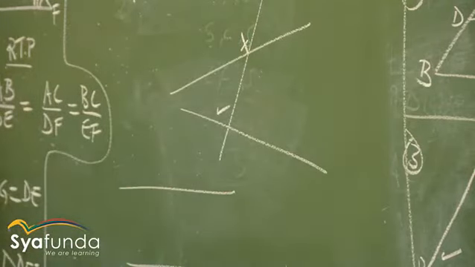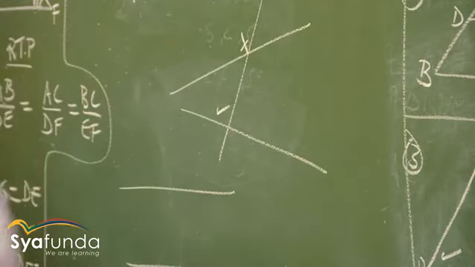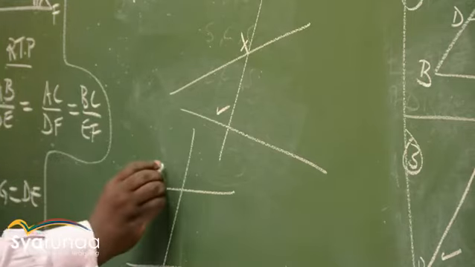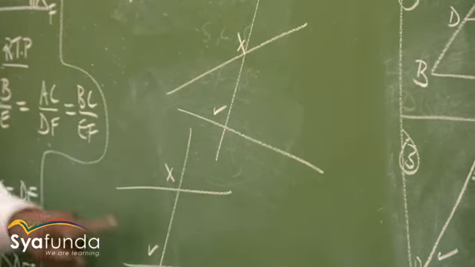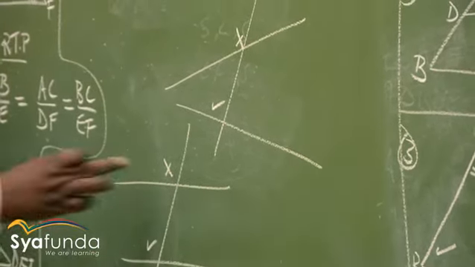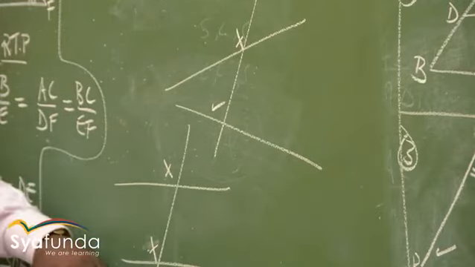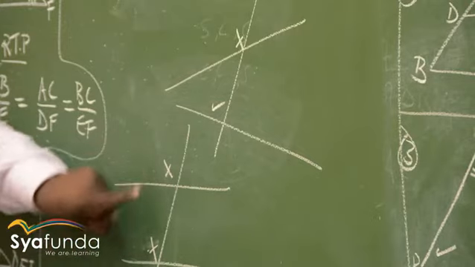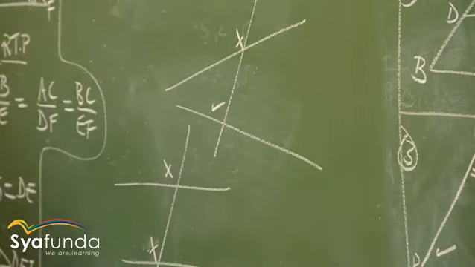They are corresponding. The one is on top of the line and on the same side of the transversal line, so is this one. If I do the same thing here, this one and this one are also called corresponding angles. But if this one is also equal to this one, therefore these two lines would be parallel. So in other words, if lines are parallel, the corresponding angles are equal. If lines are not parallel, the corresponding angles are not equal.